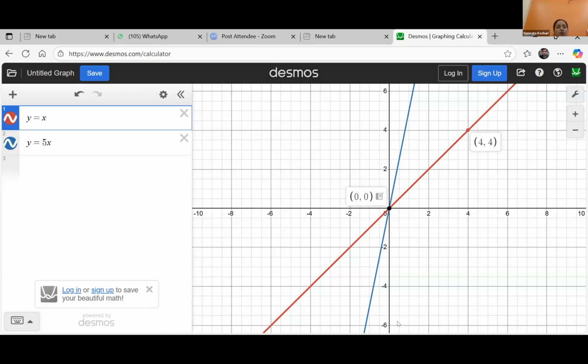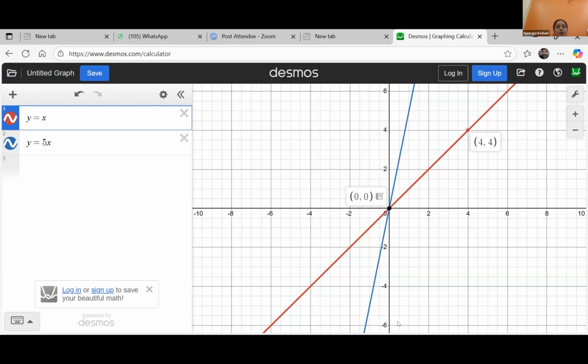Yes, Mariam, the formula was y2 minus y1 by x2 minus x1. From here, you can assume any one as x1, y1 and the other one as x2, y2. Getting it, Mariam? Okay, y2 minus y1 by x2 minus x1.